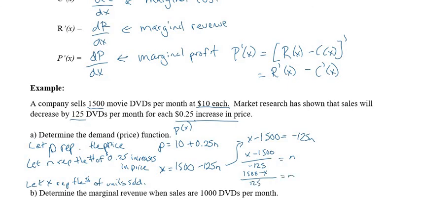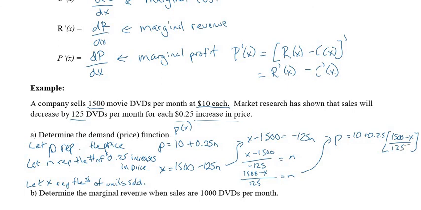And now we just plug that into our P function. P is equal to 10 plus 0.25 times N, or in this case, let's plug in that expression that we just found for N. So 1,500 minus X all over 125.